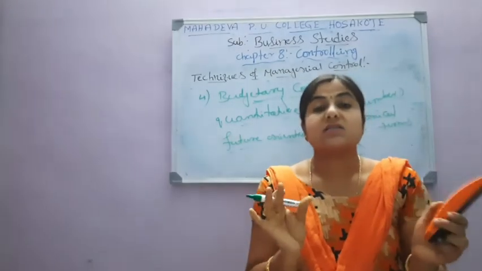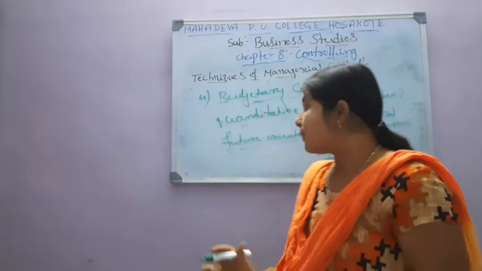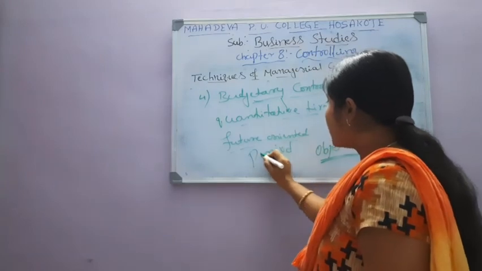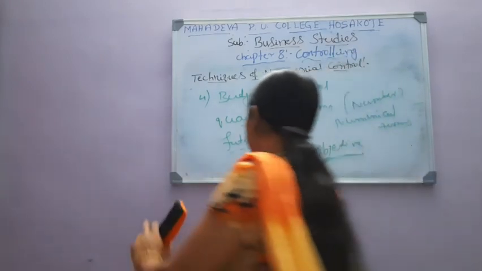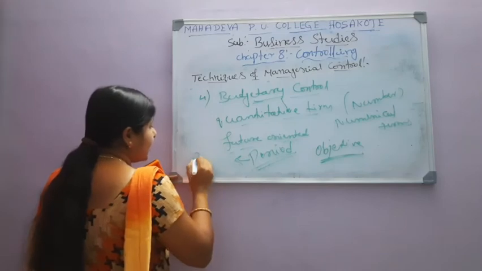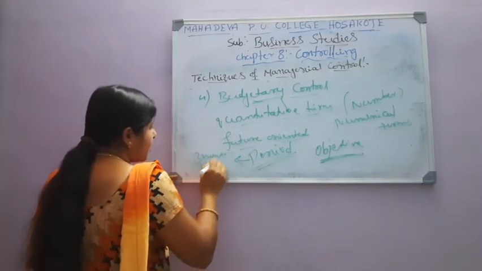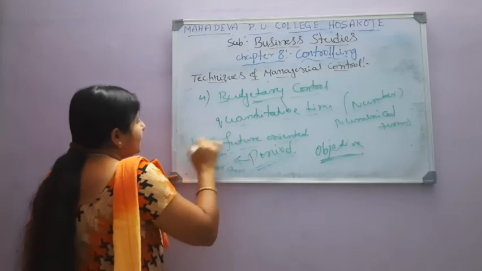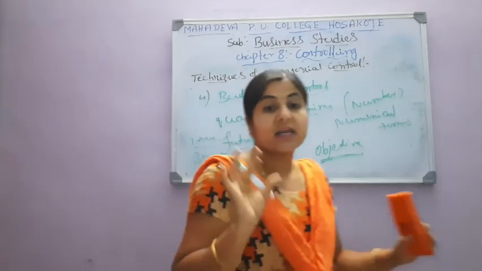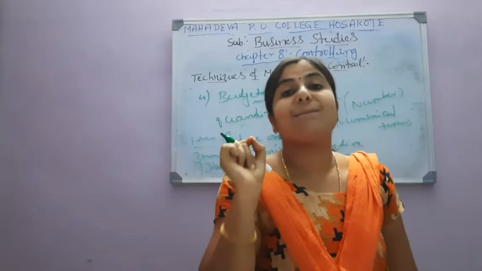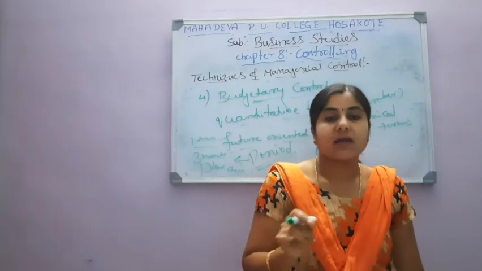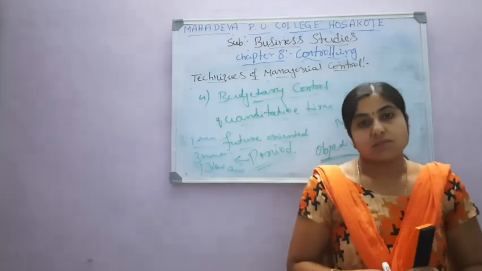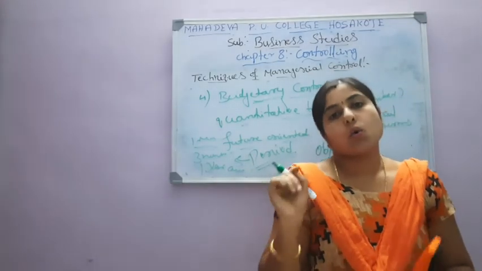Okay, so a budget always involves a particular period of time. For example, a 3 months budget, a 1 year or annual budget, or a 1 month budget. It will contain figures of forecast in terms of both time and quantities.